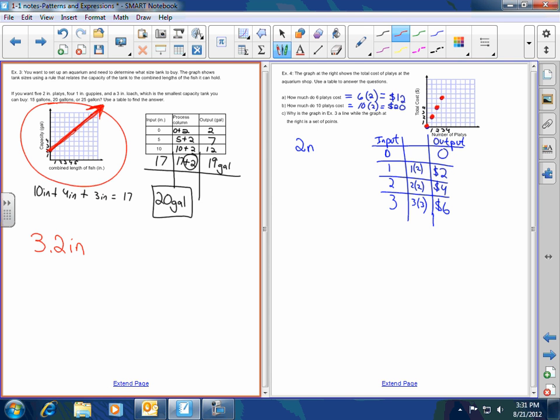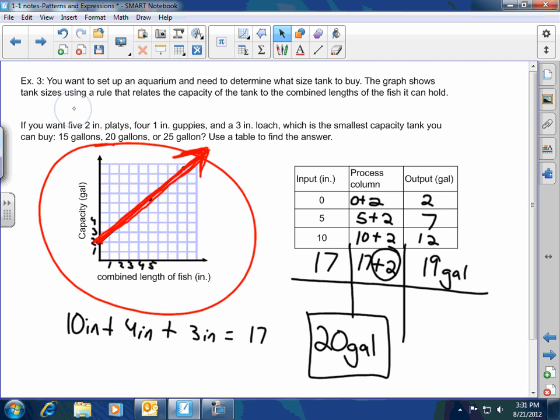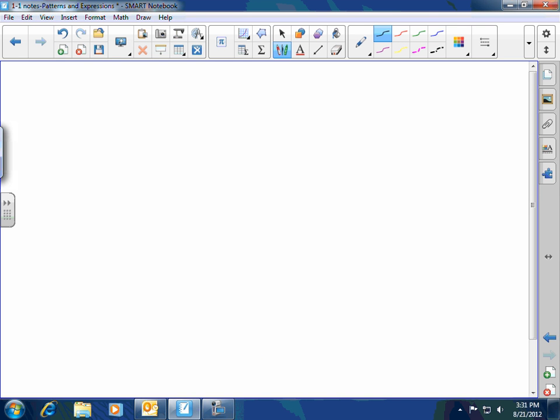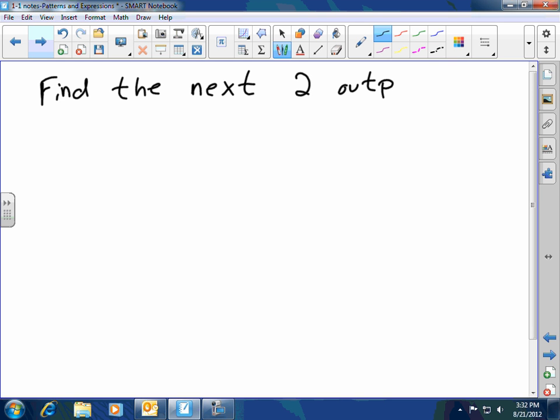So I hope that makes sense for you guys. Now let me give you one little example so you can understand what I'm expecting from you on the homework. For example, what if I tell you, find the next 2 outputs, and I give you an input and output table.